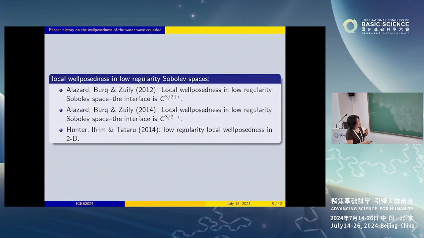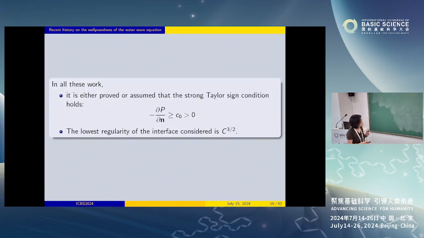But for this type of interface, you won't see angle crests, right? Because it's C^(1+1/2). And in all this work, as we mentioned earlier, the strong Taylor sign condition holds. Because as long as the interface is C^(1+γ) with γ positive, the strong Taylor sign condition holds, with a positive lower bound.